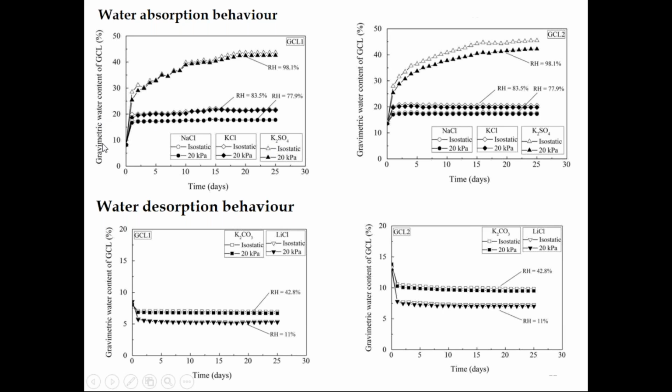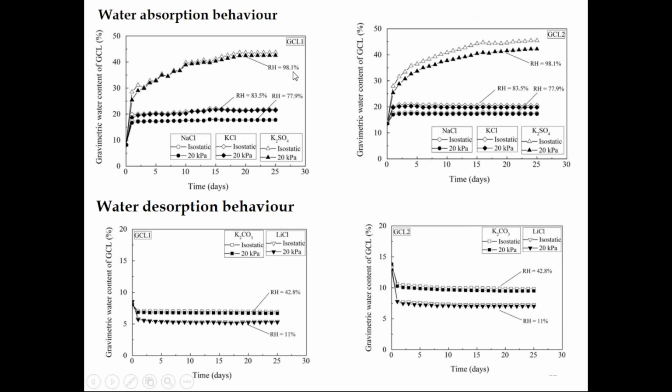So as we see from this graph, the water content of GCL1 increases as the number of days increases, due to the absorbance of water from the solution. It is also observed that the equilibrium water content is higher for the solution having higher relative humidity.